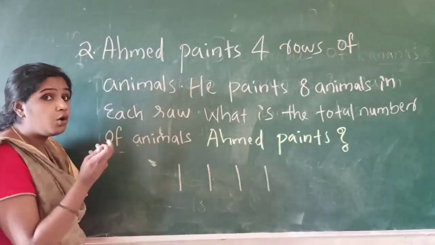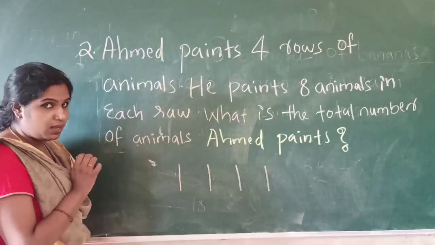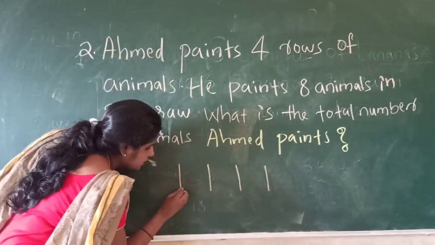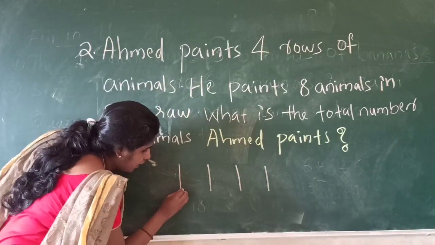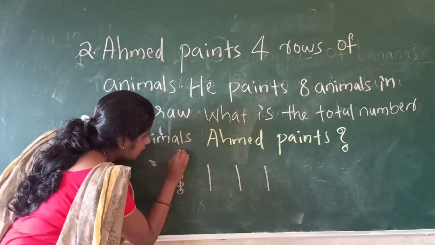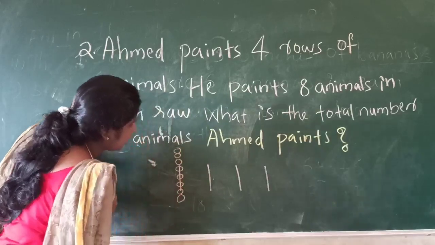In each row, how many animals? 8 animals. So here in this row there are 8 animals. Let's put animals as circles. 1 animal, 2, 3, 4, 5, 6, 7 and 8 animals.